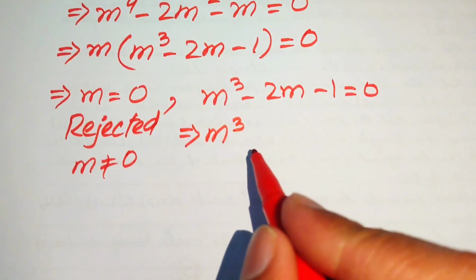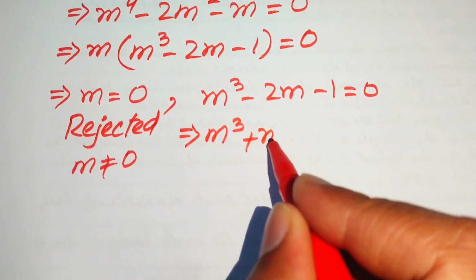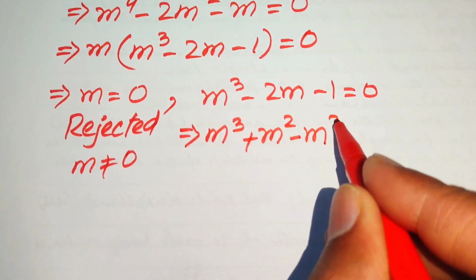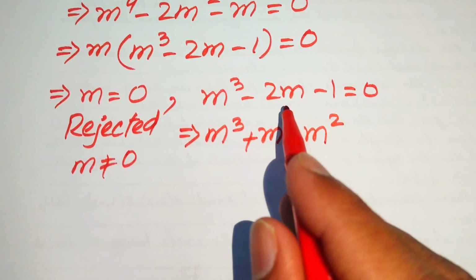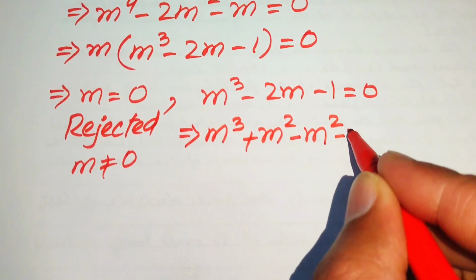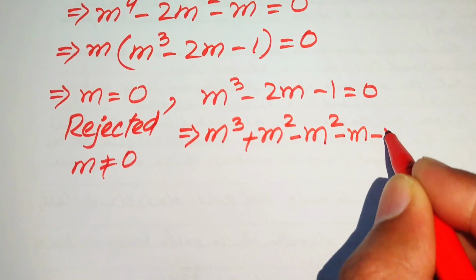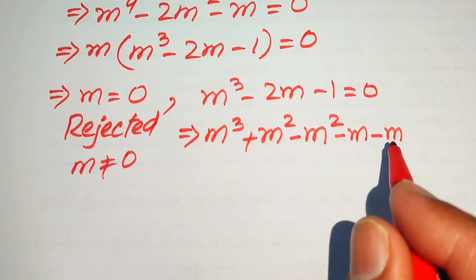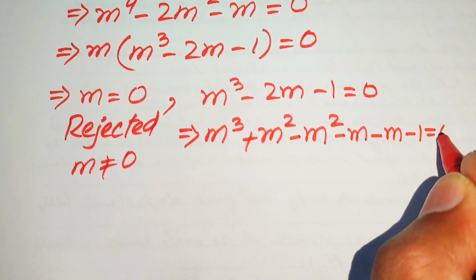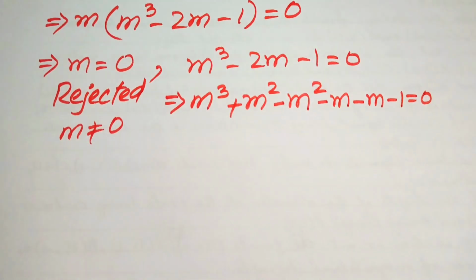Here we add m squared and subtract m squared, and this is our minus 2m, which we break as minus m minus m. We know that minus m minus m becomes minus 2m, and this minus 1 equals 0.